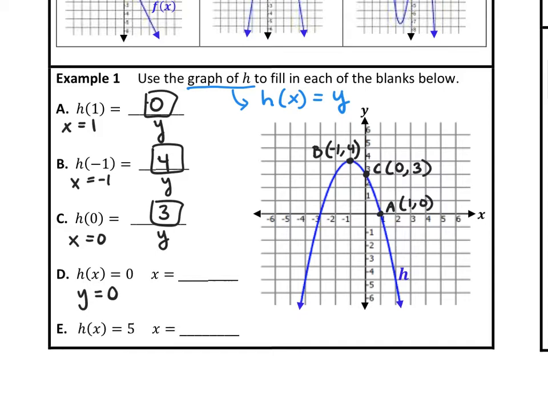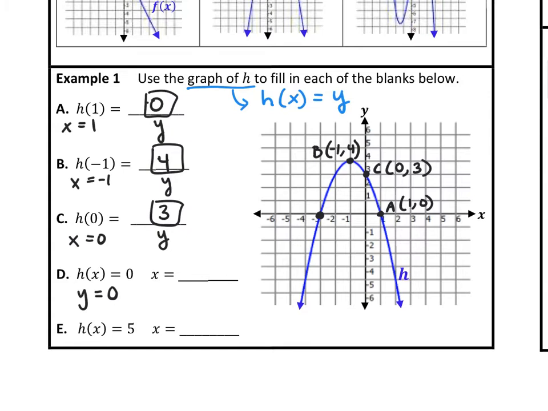So now, let's go on the y-axis and look for y equals 0. And so that's right here. And so where on my graph do I hit if I scan left and right? Well, I hit here and I hit over here.